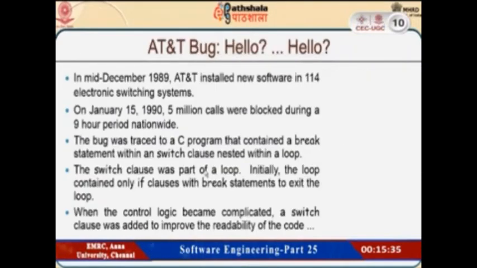It did not stop with that, and it even extended to AT&T Bell Labs, where there was a bug. In mid December 1989 at the AT&T labs, a new software was installed on 114 electronic switching systems. On January 15th, 1990, 5 million calls were blocked during a 9-hour period nationwide.